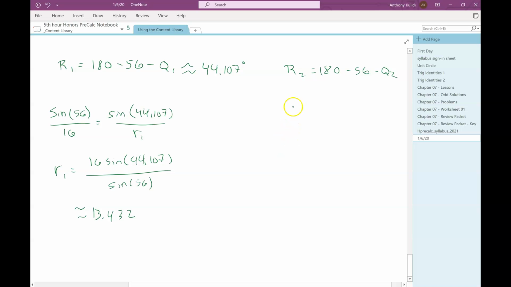And similarly over here, I'm going to set up a second law of sines, but I'm going to be using R2 in this situation.